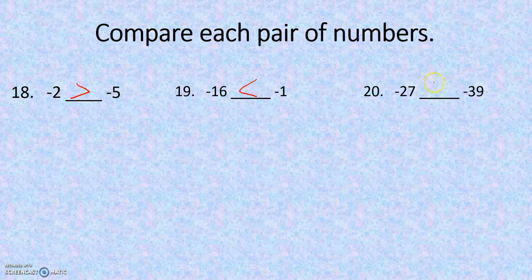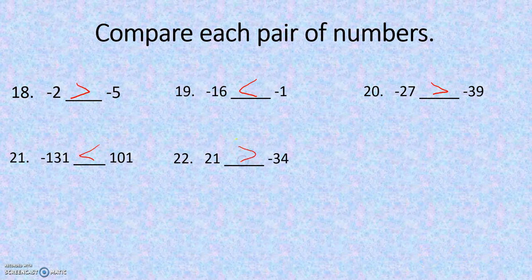Negative 27 is greater than negative 39. Negative 131 is less than 101. 21 is greater than negative 34.